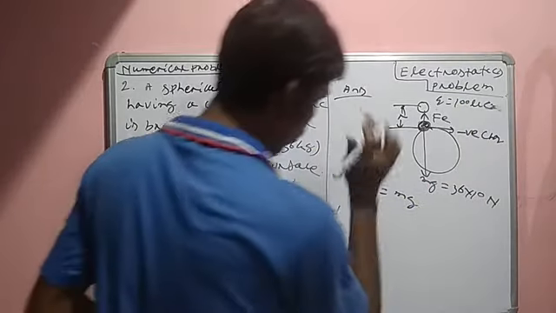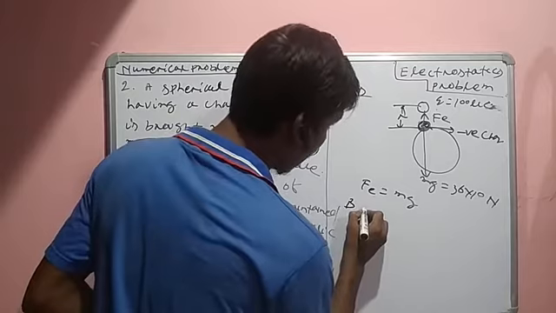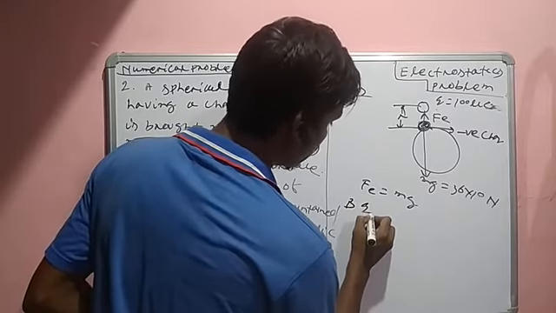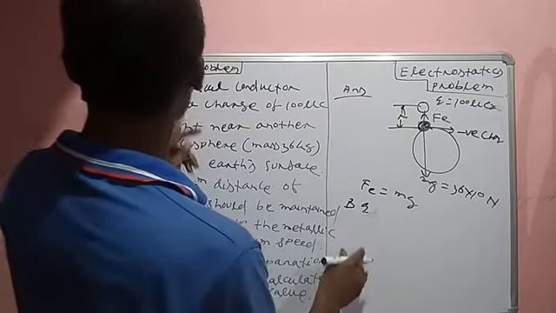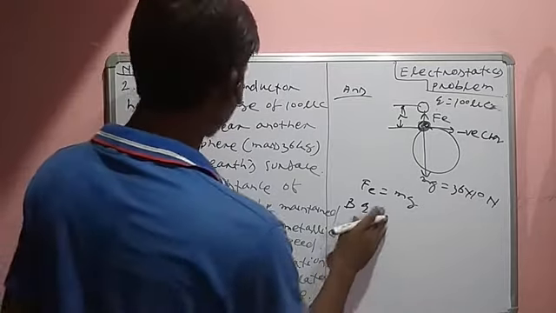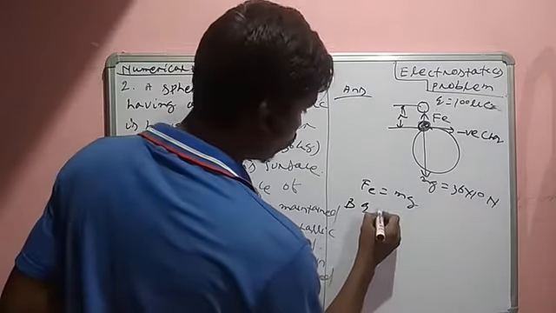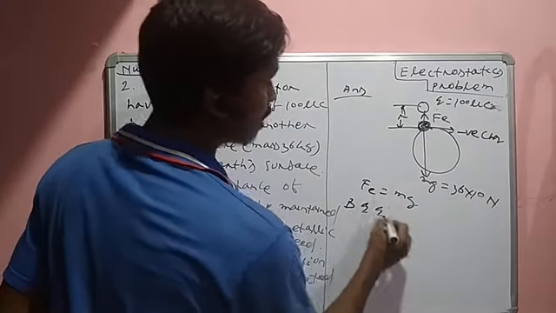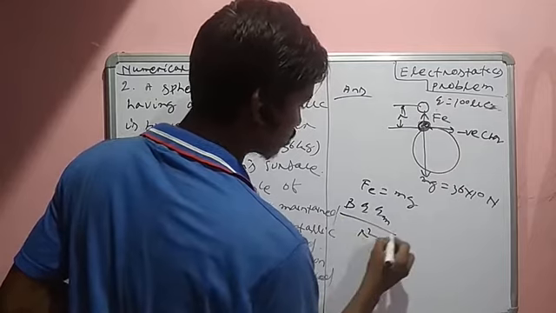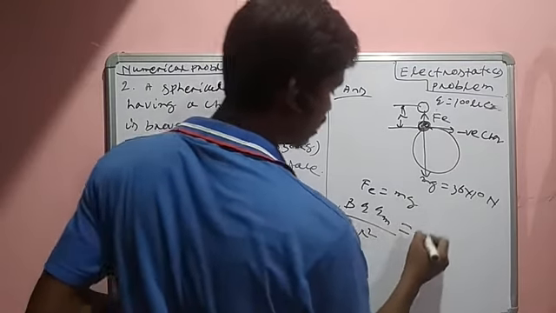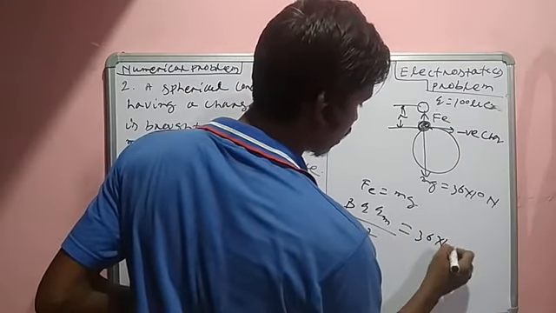Listen. So here F is equal to k Q1 Q2 divided by the minimum distance r square, which is equal to mg. Mg means 36 into 10.